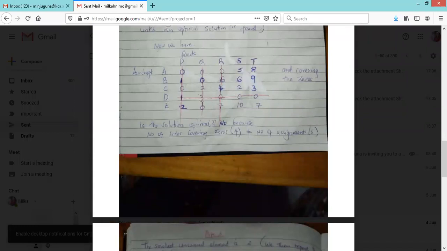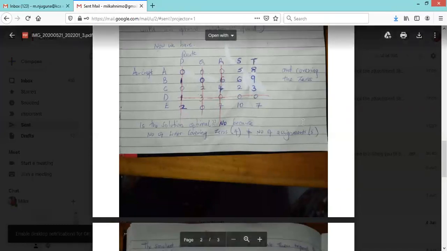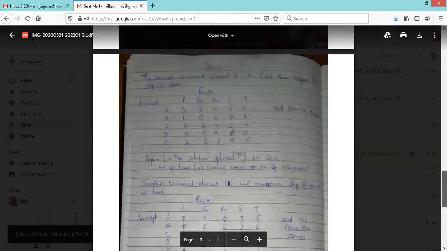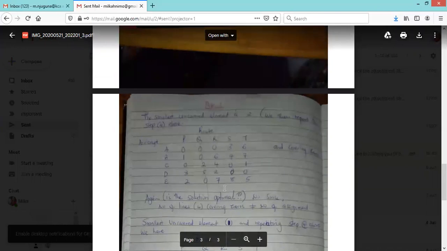Like these 3 here, it's at the point of intersection. This 0 here is at the point of intersection. This one is also at the point of intersection. And we don't interfere with any element that is covered by only one line.